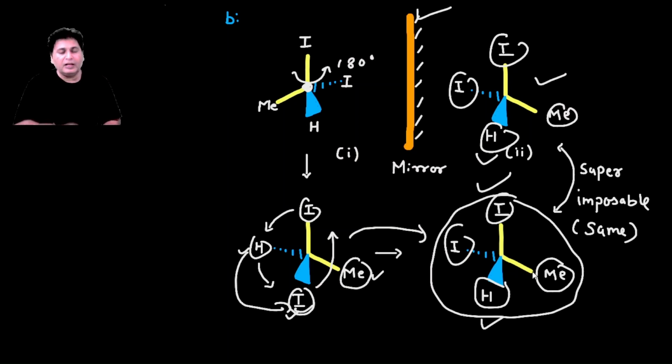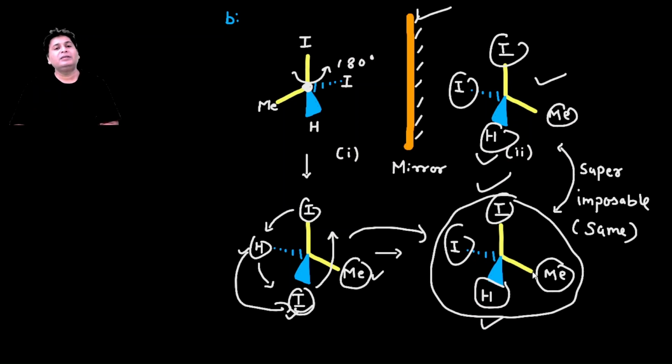So in the last 2 examples which I took, example A, we saw that the compound and its mirror image were non-superimposable, and therefore the two were different and were called enantiomers of each other, and both were chiral in nature.